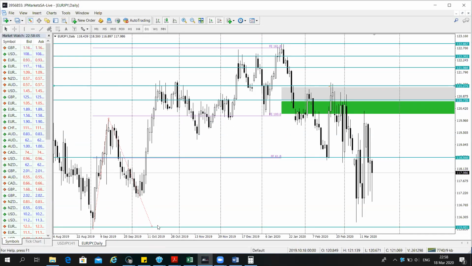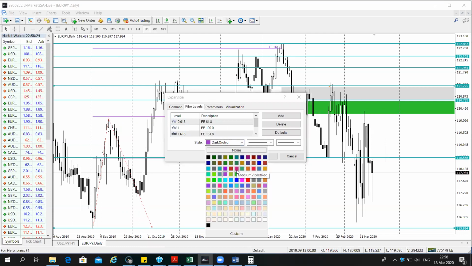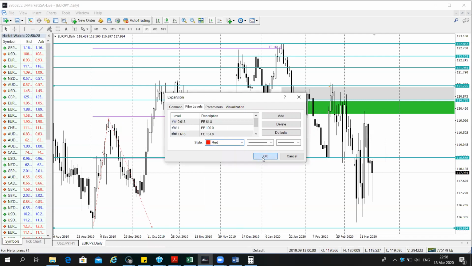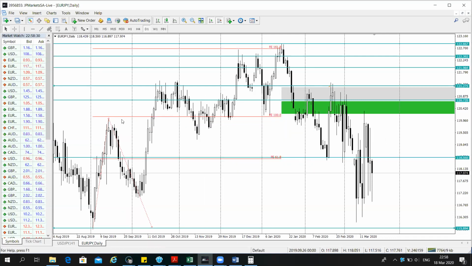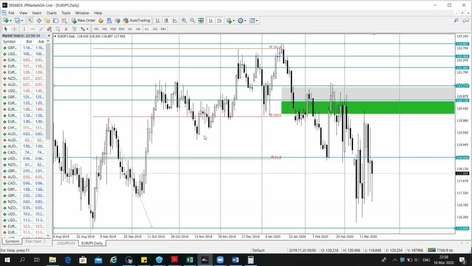So the levels on this one that you need to identify and understand are the 61.8, 161.8, and the 100 level, right? I just want to make them more visible to the eye. Yes, I think you can see them.